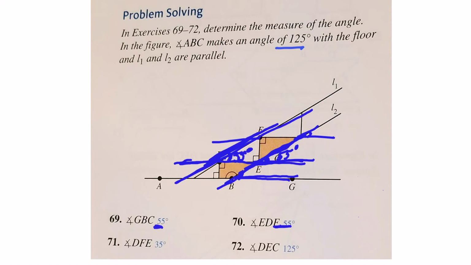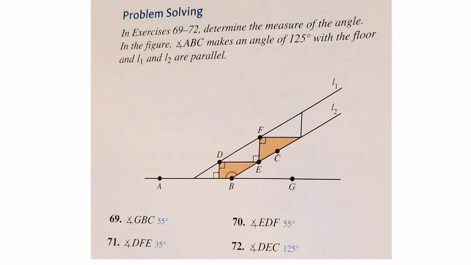If you know one angle, you can figure out the rest of the angles, just because they are parallel lines cut by transversals. So EDF is 55 degrees, just like GBC. Okay, let me clear all that. All right, so let's go back and look at, so we got 69 and 70.